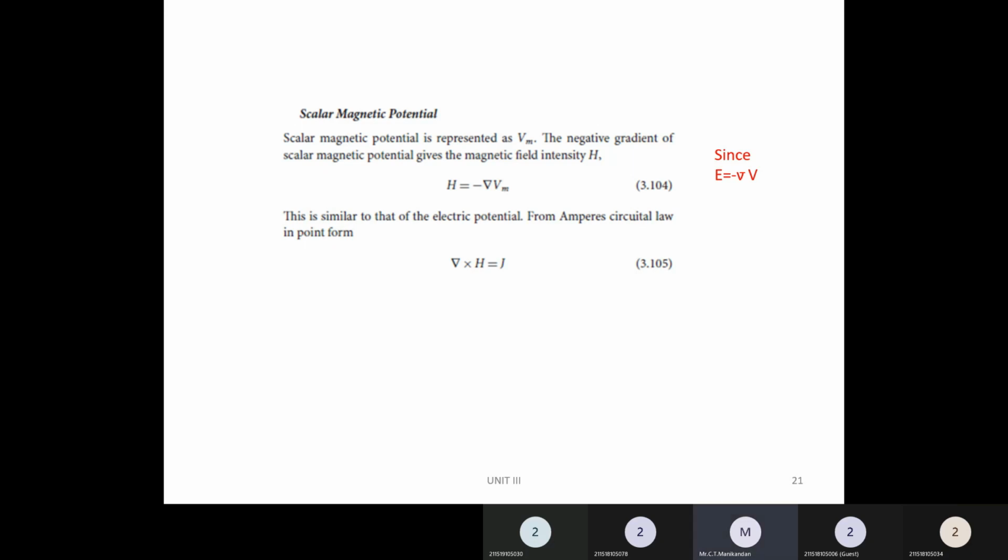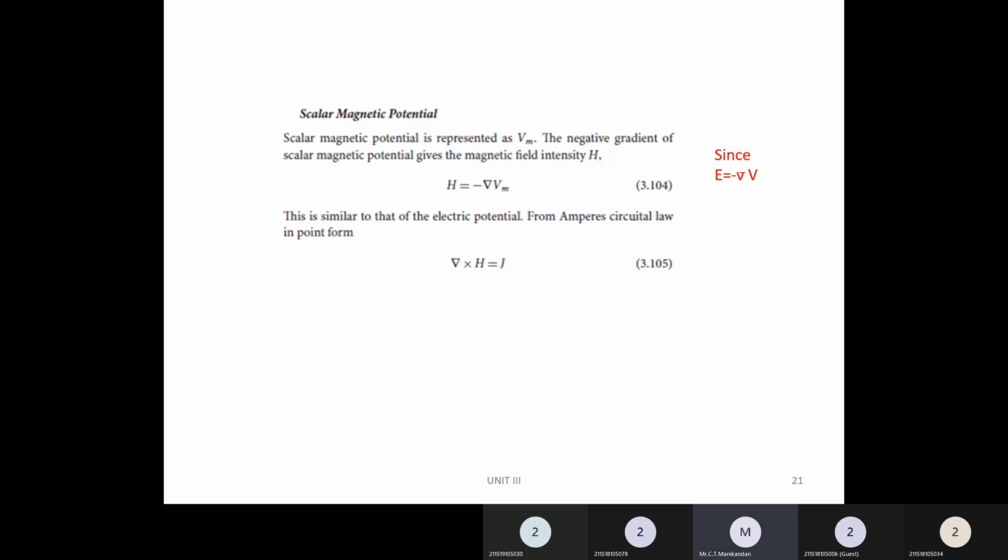Similarly, the relation between magnetic field and potential is given by H equal to minus del Vm, where H is the magnetic field intensity and Vm is the scalar magnetic potential.